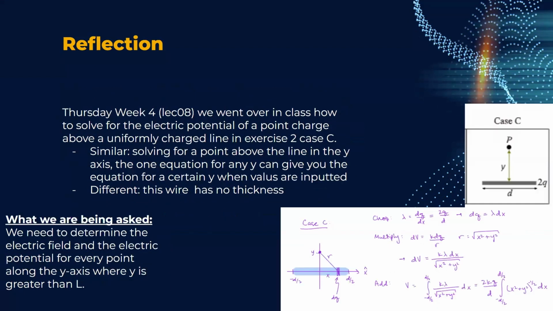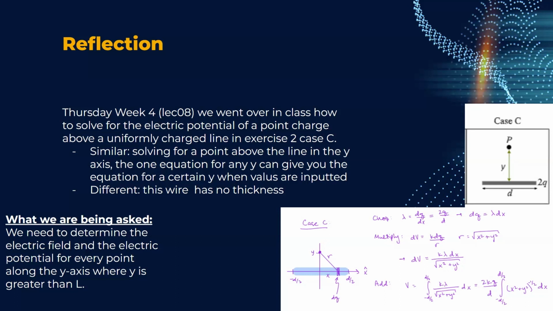Another thing that has been similar was in Thursday, week 4, lecture 8, where we went over in class how to solve for the electric potential of a point charge above a uniformly charged line in exercise 2, case C. I have the case on the right of the screen here.